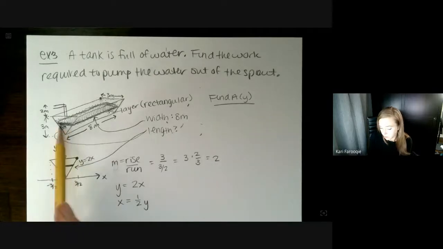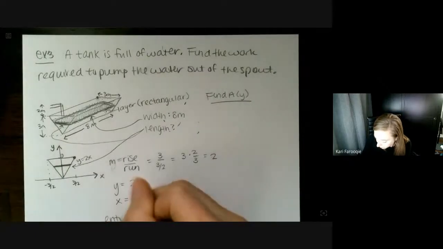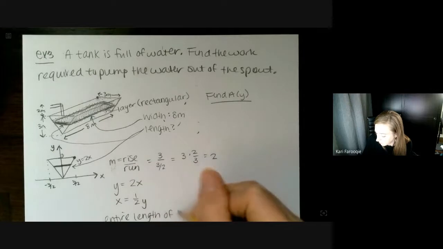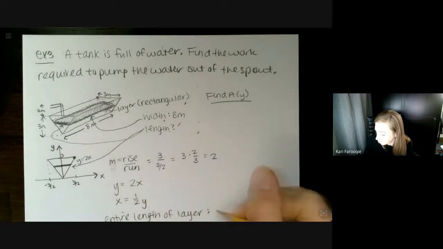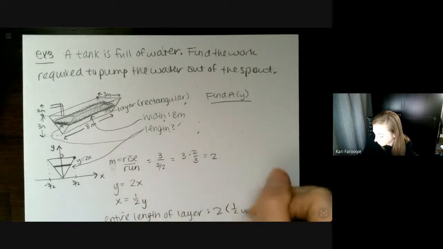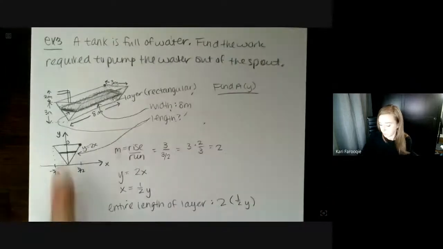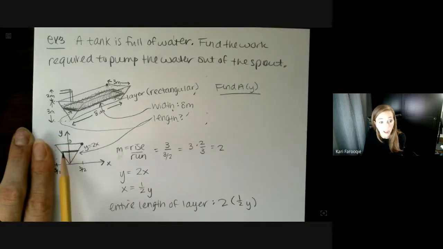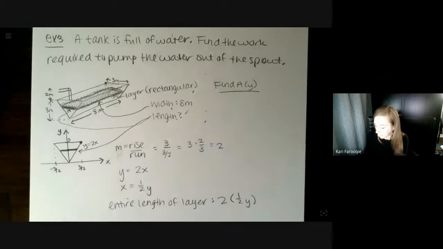Looking at it compared to this drawing, the entire length of the layer is going to be twice 1/2 y, because I have not just the distance from the y-axis to the edge, but I'm also looking at the other half of that in the other direction. So the entire length of the layer is y. So we can think about it that way.